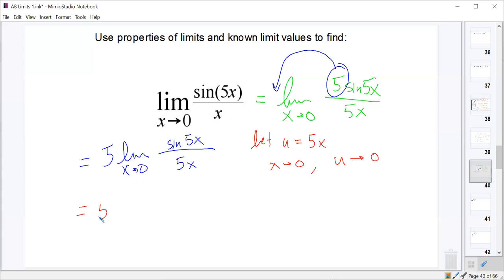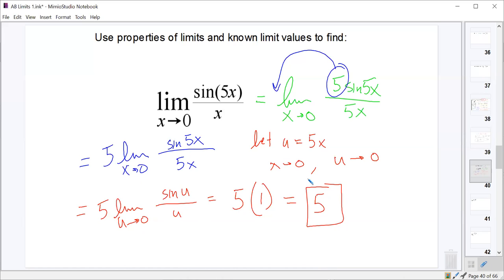So this limit can become 5 times the limit as u approaches 0 of sine u over u, which is, we have a constant out in front, 5 times, what's that limit right there? 1. Okay, it's 1. We just proved that a minute ago. So our result is 5.